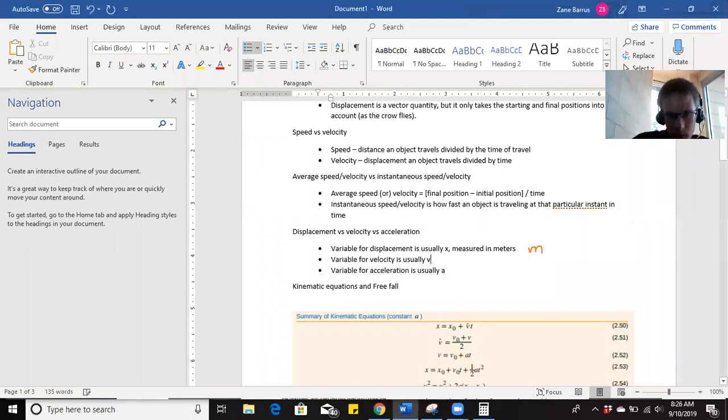Velocity is measured in meters per second. So whenever you see m/s, that's your meters per second. That's how you know that that's velocity. And lastly, acceleration. This is the weird one. It's measured in meters per second squared. So whenever you see m/s squared, that's your hint that that's an acceleration they're giving you.